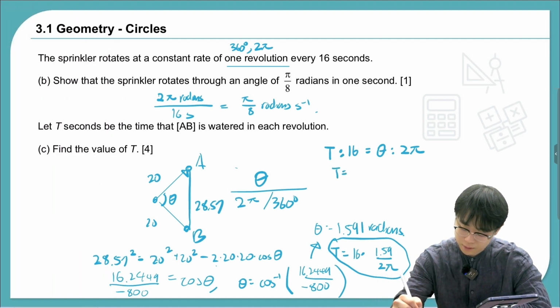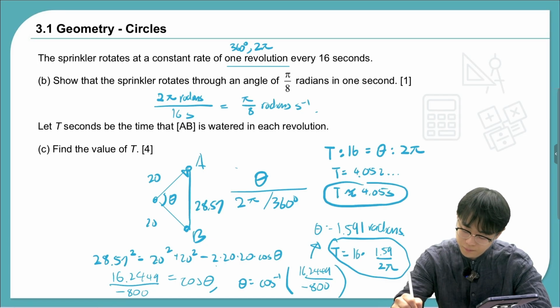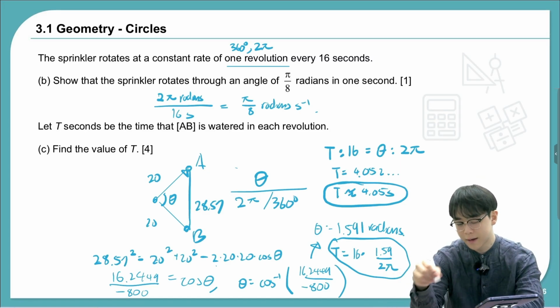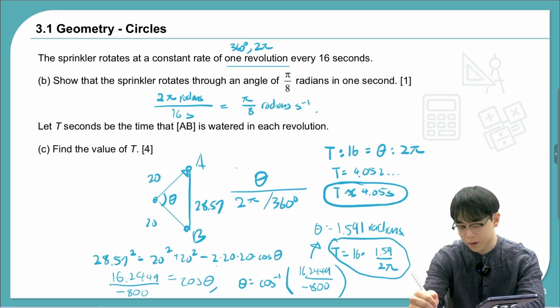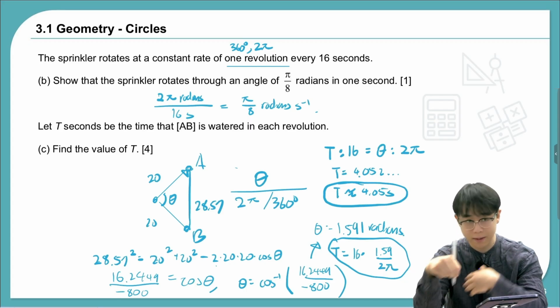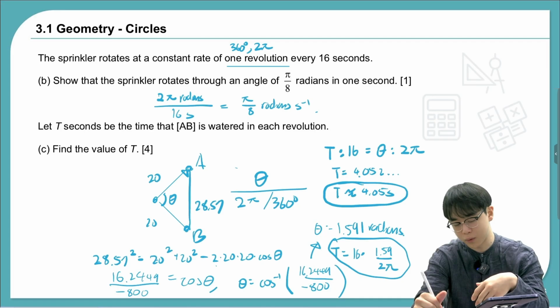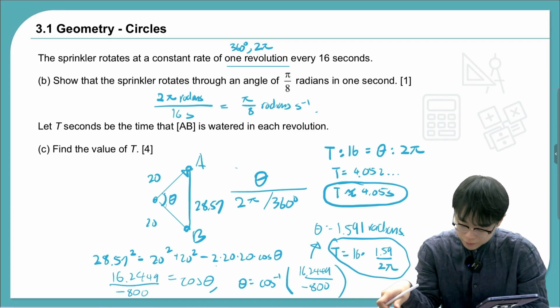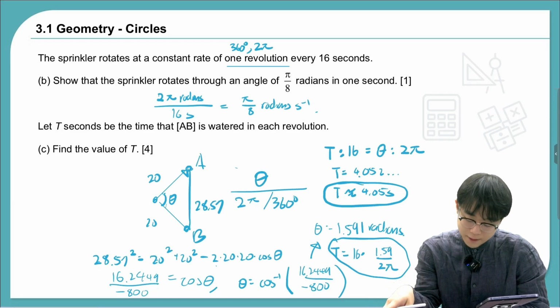So t is roughly 4.05 seconds. So we use the cosine rule to find the angle, and we recognize that the time spent sprinkling along AB is the time spent between angles theta, out of 2 pi. So that would give us t as 4.05 seconds.